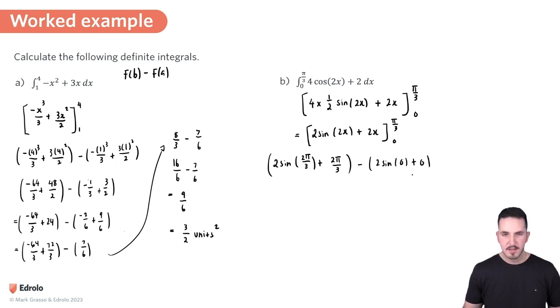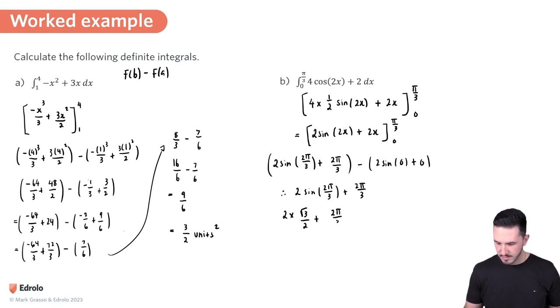0. Sine of 0 is 0, and obviously 0 is 0, so therefore we're just left with 2 sine of 2 pi on 3 plus 2 pi on 3. So sine of 2 pi on 3 is root 3 on 2, so this becomes 2 times root 3 on 2 plus 2 pi on 3.